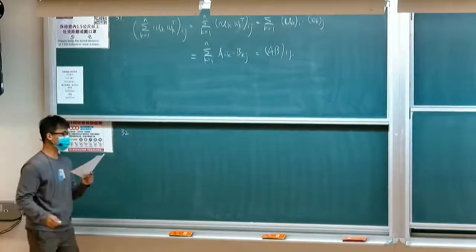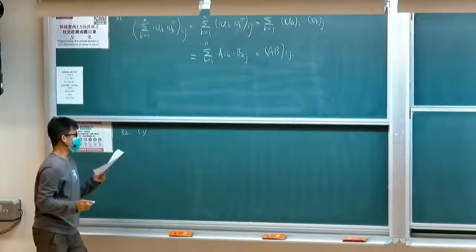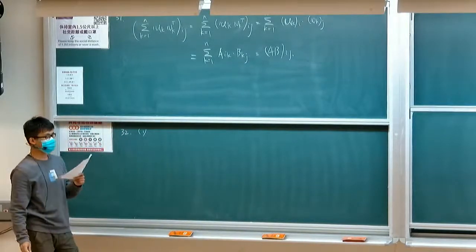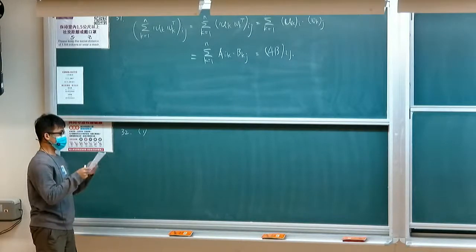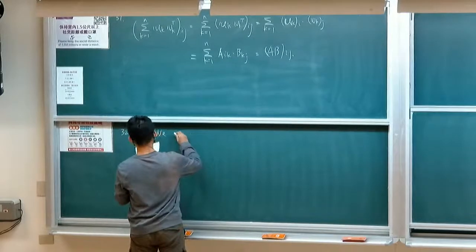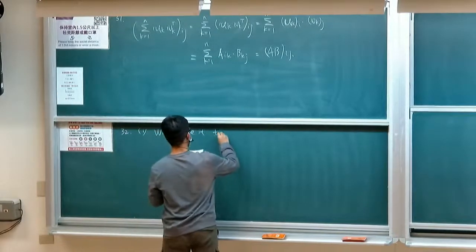This exercise contains 3 parts. In the first part, you are asked to show that the restriction of L to U is linear. This part is very easy, so I will not do it here. We leave it to you.